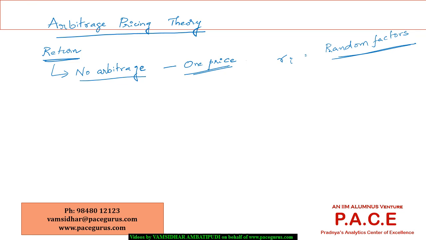So what it simply says is, the expected return on a security is a linear combination of multiple factors. These factors could be macroeconomic factors like GDP, inflation, etc., or there could be different kinds of market indices.